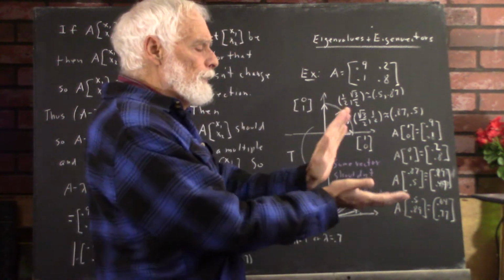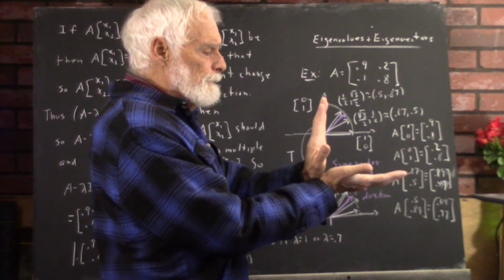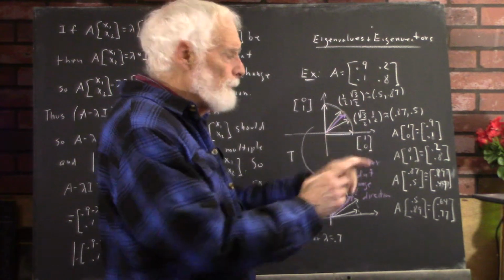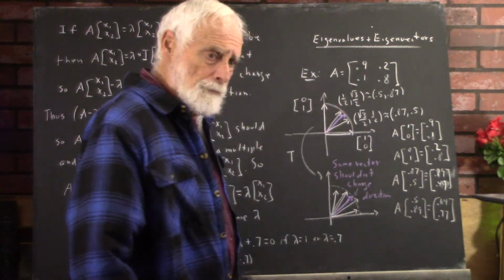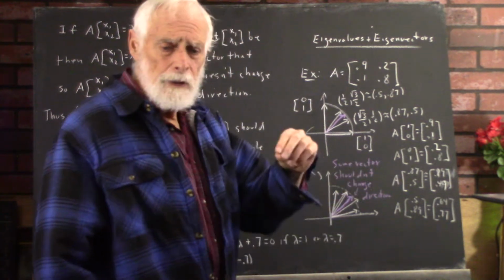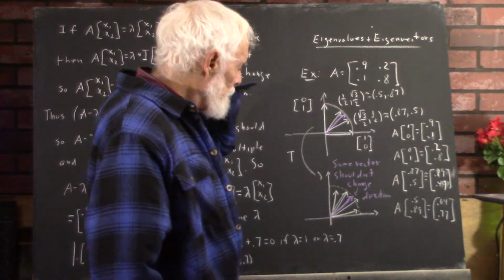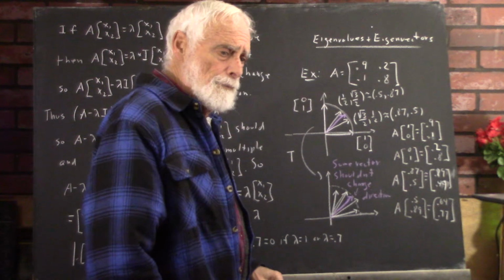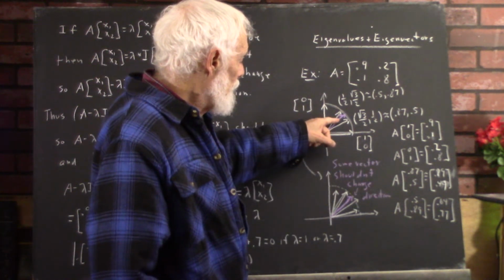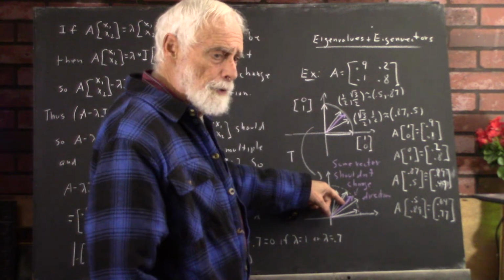We have an intuition that if we are collapsing the vectors this way, there's some vector in the middle somewhere, probably not halfway because this is a totally symmetric matrix, but there's some vector in the middle that maps to a multiple of itself.